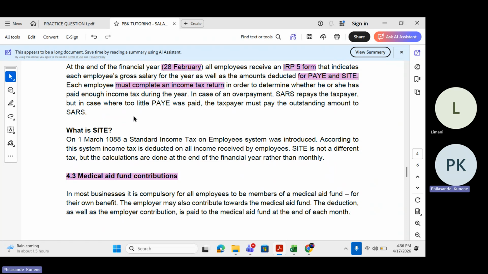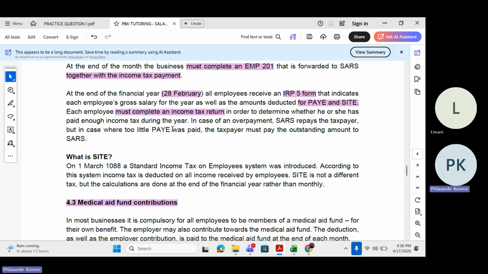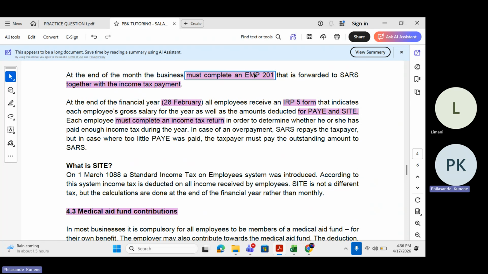What can I say about this is that each and every month, when these EMP201s are completed and payment is made to SARS, sometimes it's possible that you do the incorrect calculations there. You may underpay or you may overpay SARS. If you overpaid SARS for this 12 months period, then they're going to refund your money.